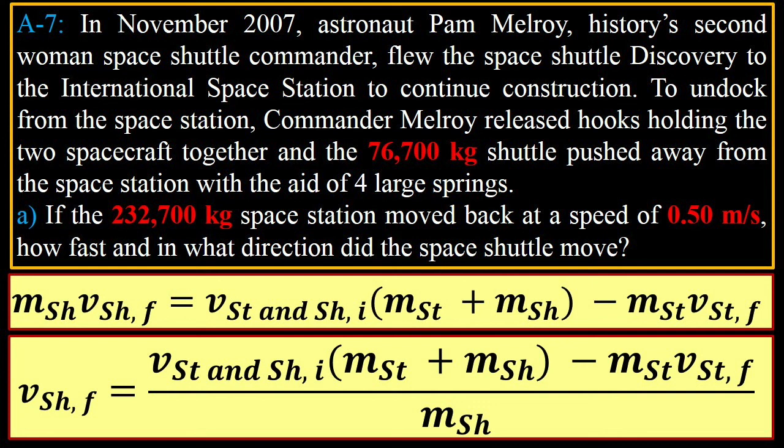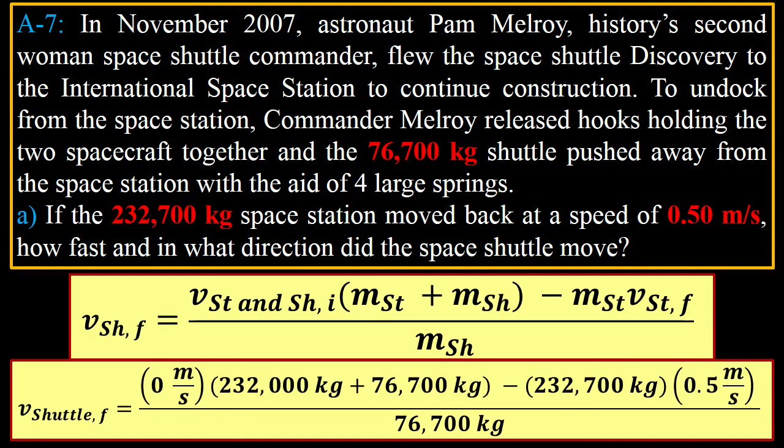So the final velocity of the shuttle is going to be the velocity of the station and shuttle initial times the quantity of the sum of the masses, minus the mass and velocity of the station.